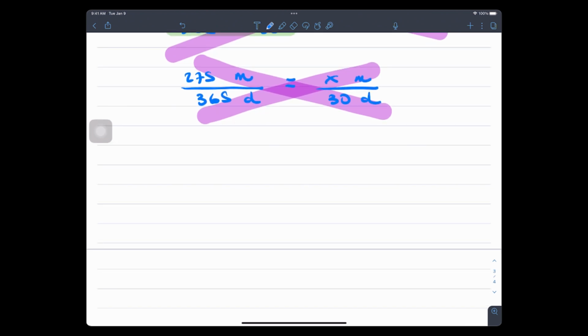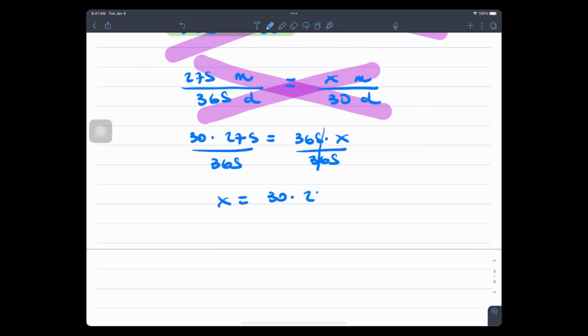So you get 30 times 275 is 365x. Divide both sides by 365 and you get your cancellation. What is x? 30 times 275 over 365. Okay, you guys see what I'm saying? Isn't that just like what we did before with the last three examples? It's very much the same.